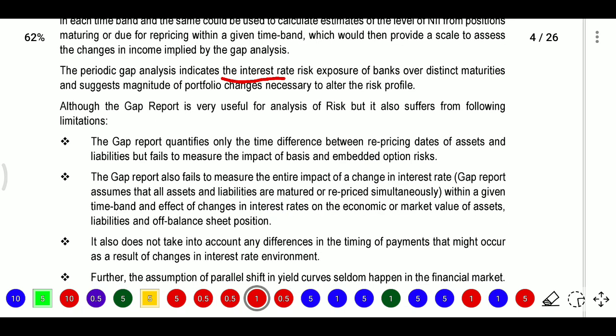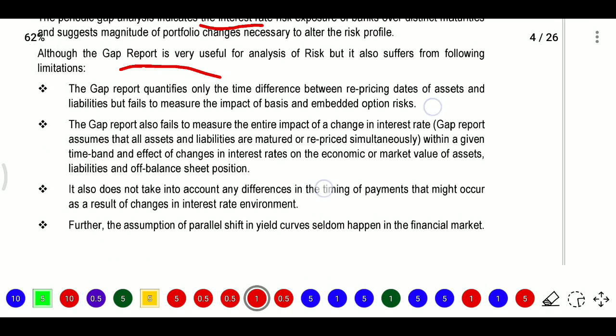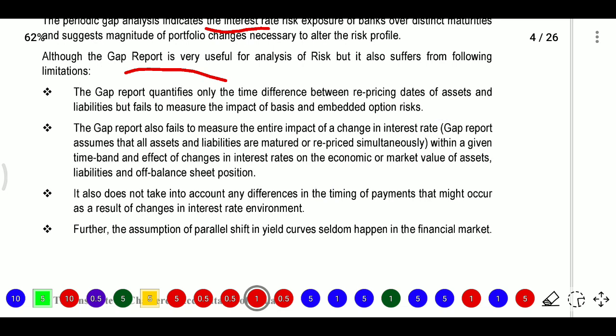Although the gap report is very useful for analysis of risk, it also suffers from the following limitations. What are the limitations of the gap report? It quantifies only the time difference between the repricing dates of assets and liabilities, but fails to measure the impact of basis and embedded option risk.